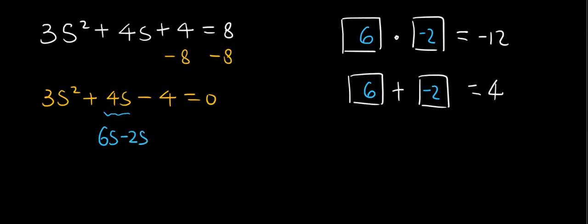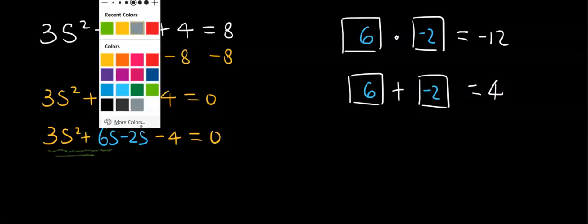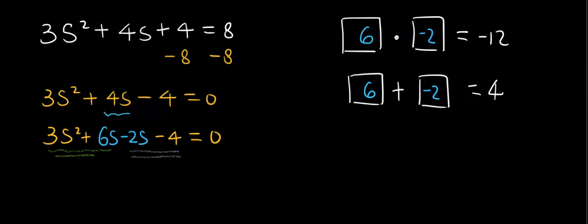And then we copy down, rewrite. Now we look at the first two terms. And then we're going to look at the next two terms. The first two terms, we can factor out 3s. And in the parentheses, we have s plus 2.